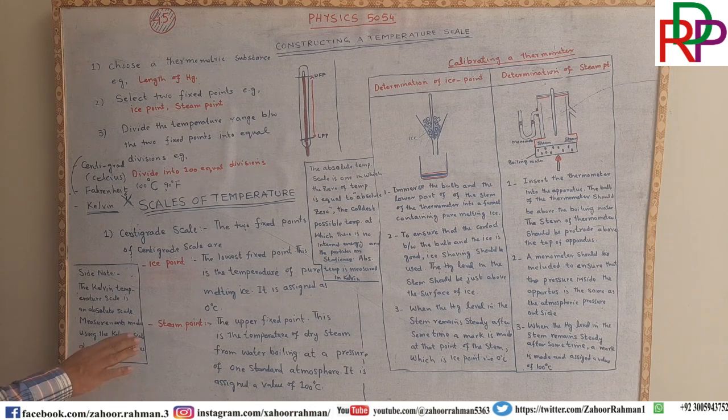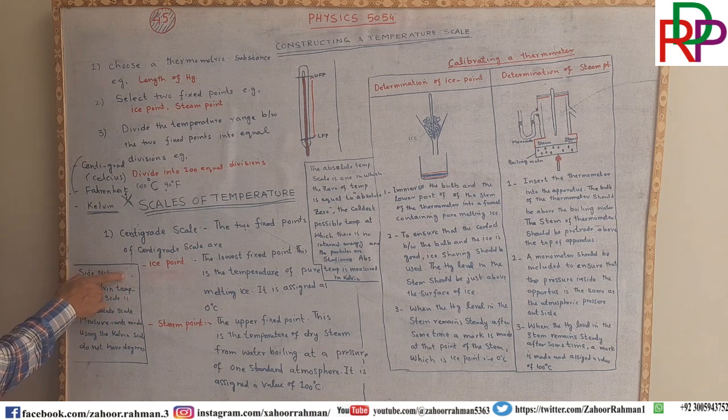Why? I wrote it in the side note that the Kelvin temperature scale is an absolute scale, that is an absolute zero scale. Measurements made using the Kelvin scale do not have degrees.